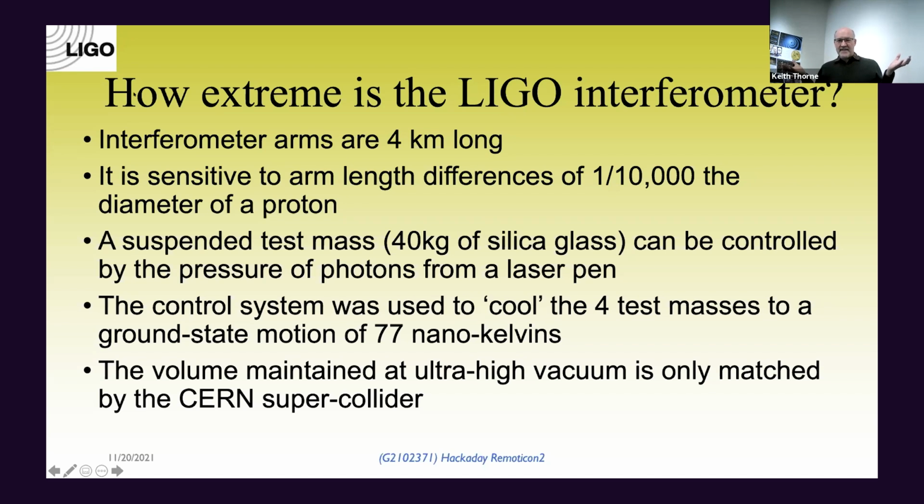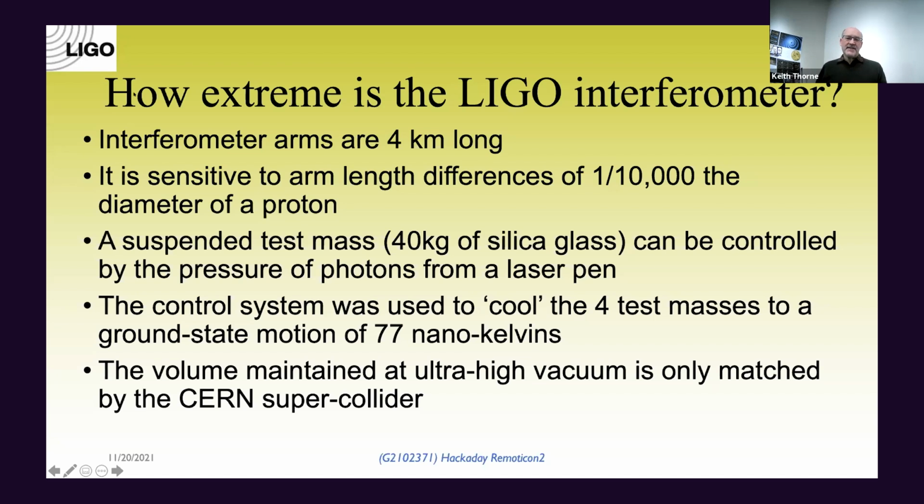And that's what we're testing, is the distance between them. And it's about 40 kilograms, 80 pounds. If you get a little laser, your little pen-like laser, the photon pressure, not the heat, the little photons bouncing off the mirror are enough to control that. We can use a feedback loop. That's how sensitive the controls are. They're like nanometers or whatever.